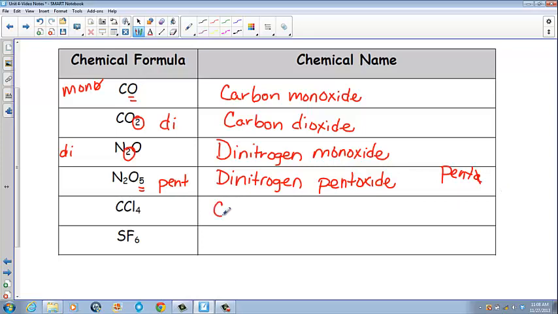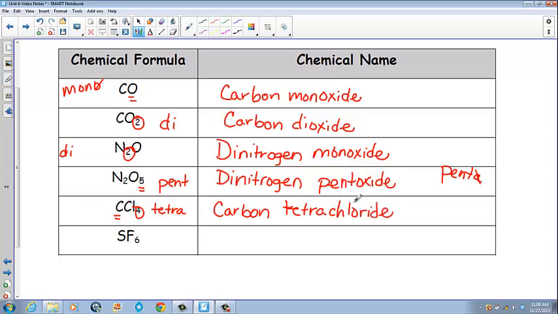The next one, carbon, is the first element. And then we look at the second one, which is chlorine, okay, which is also a nonmetal. And there are 4 of those, so we're going to use the prefix tetra. And it doesn't start with a vowel, so we'll continue to use the tetra. We don't have to drop the A. Tetrachloride.